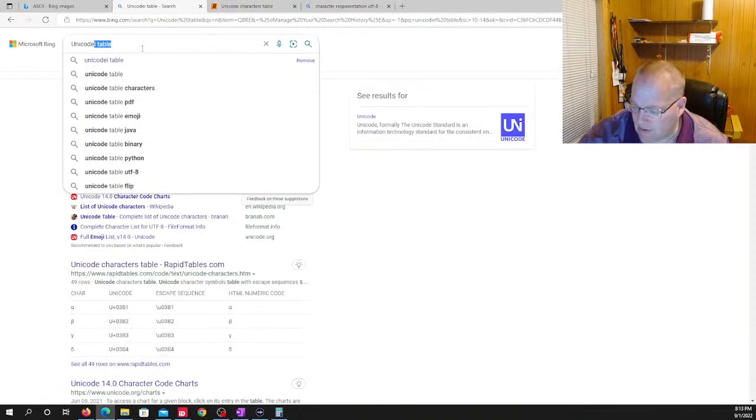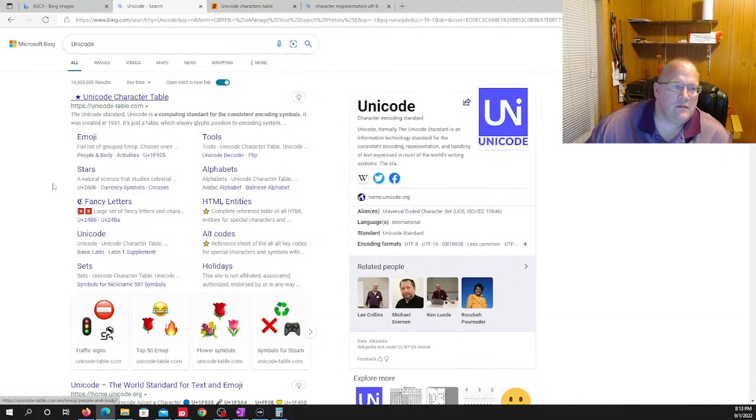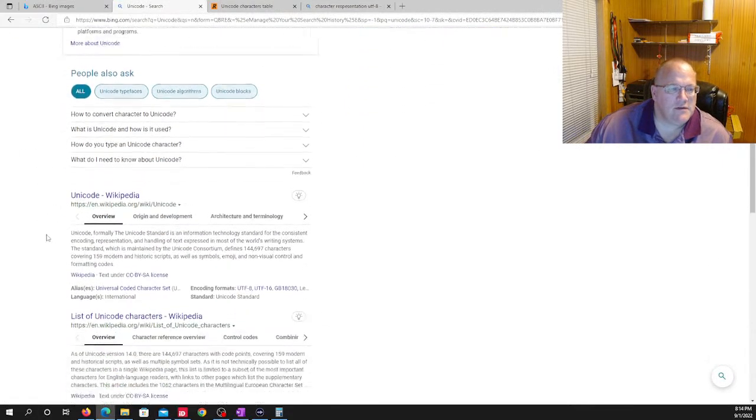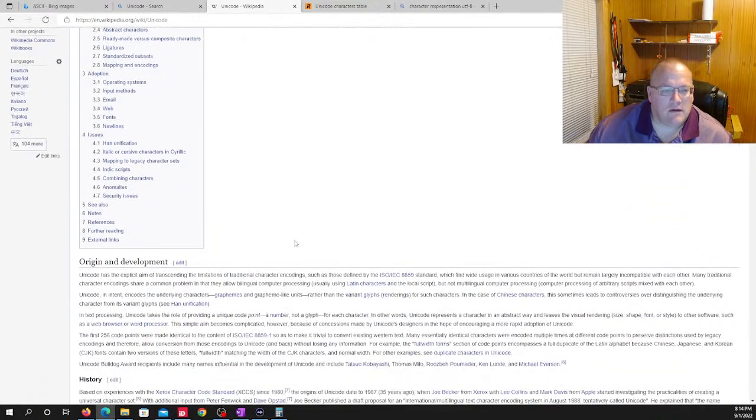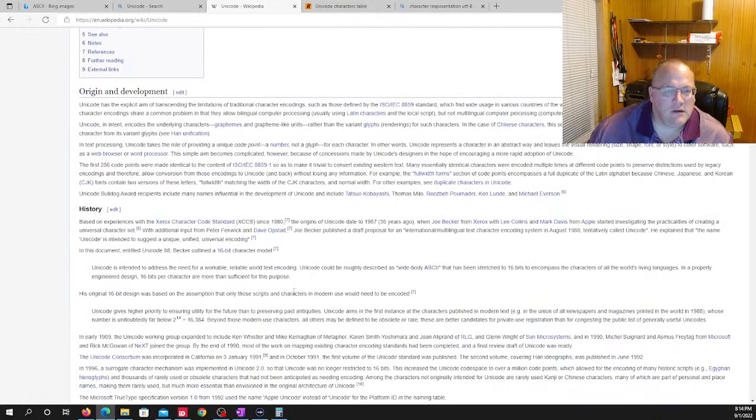Let's just go Unicode here. Be nice if I got my stuff straight, huh? It's 16 bits per character, and more than sufficient for this purpose.